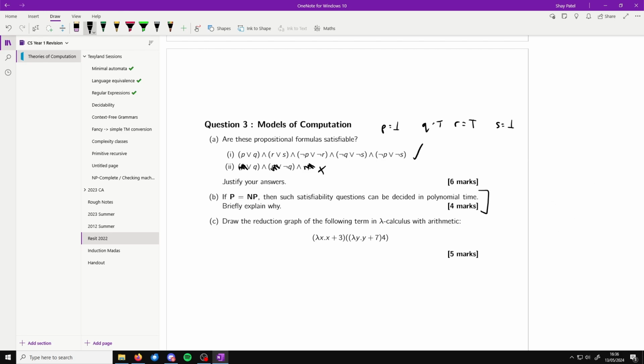If P equals NP, then these satisfiability questions can be decided in polynomial time, because we can convert polytime NDTMs into polytime deterministic Turing machines. Anything we could previously do with a polytime NDTM, as per the definition of NP, we can now do with a polytime deterministic Turing machine. So we can then decide it in polynomial time.